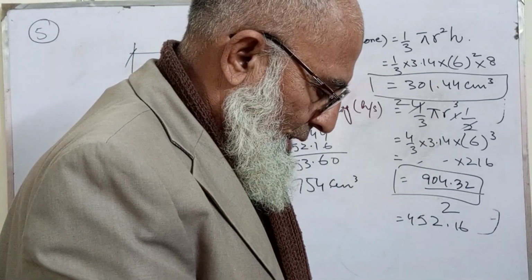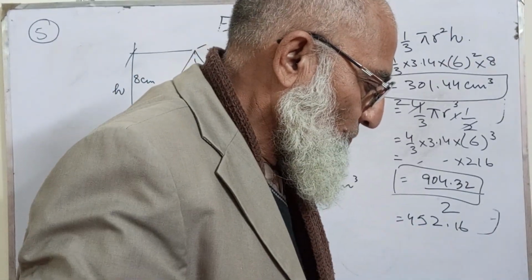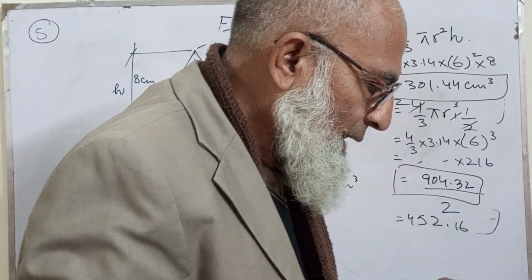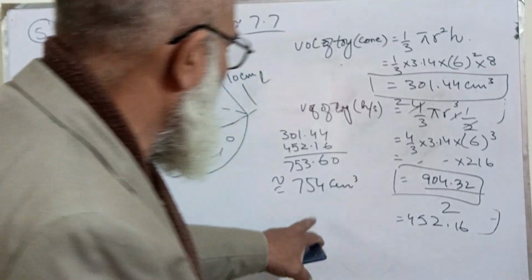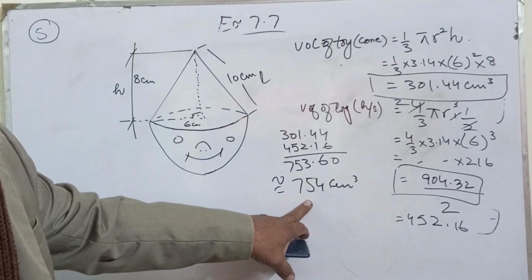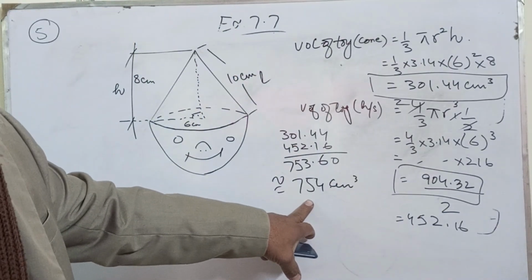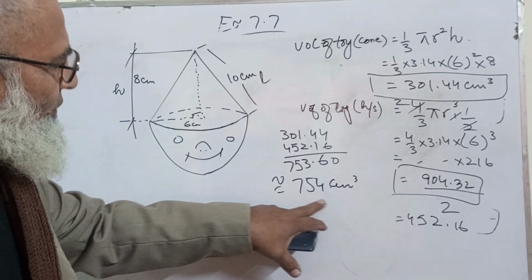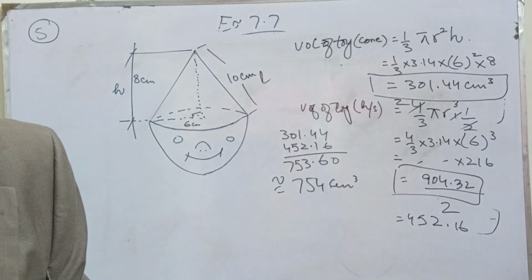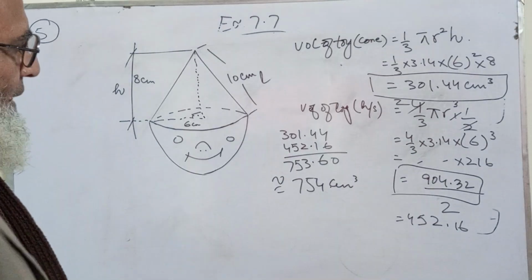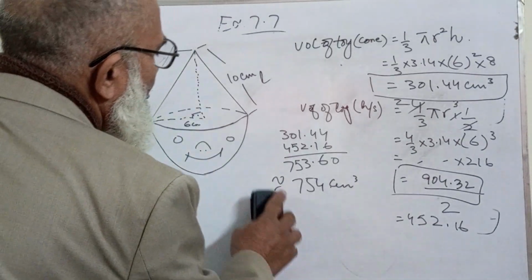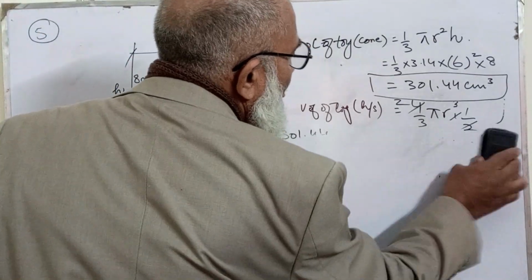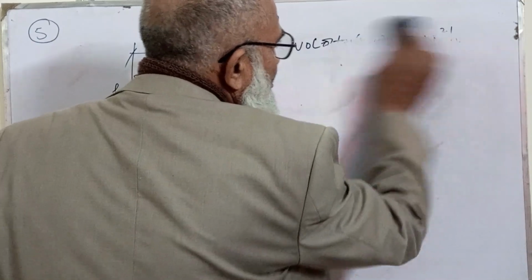Okay, it is confirmed that the answer is this. I have checked from the answer section, 754 centimeter cube. Now let me erase it if you have done this. I hope you would have done this.